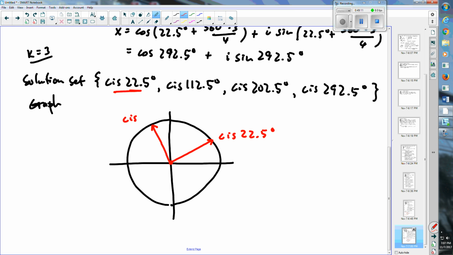So that's CIS 112.5 degrees. And then 202.5 would put us here. So that's CIS of 202.5 degrees. And then we have one more, which is 292.5. So CIS 292.5 degrees. And that is the graph of our solutions.